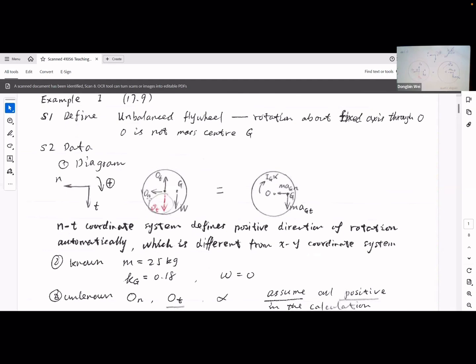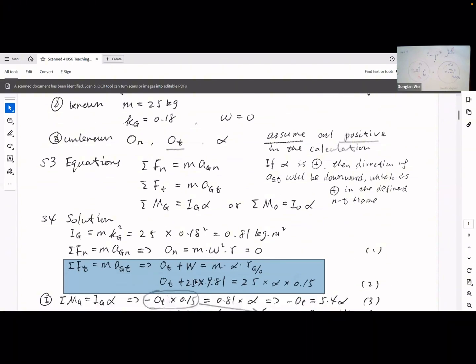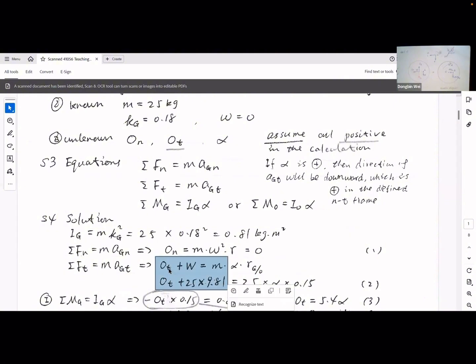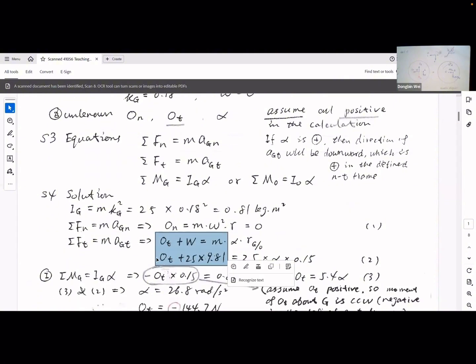OT, in the calculation, we assume it's positive, downward. So in this one here, on the left side, I have OT. We assume it's positive, so I don't need a negative sign before OT. For W, it's positive. Okay, 25 times 9.81.